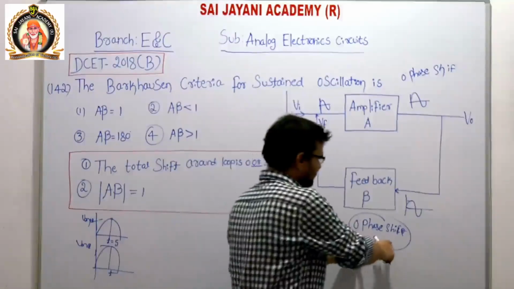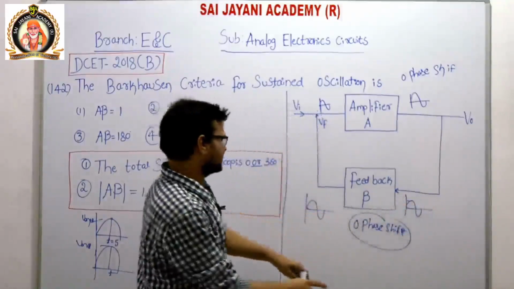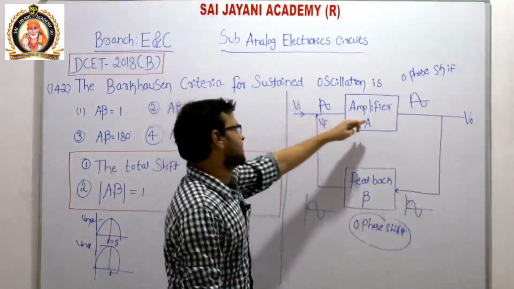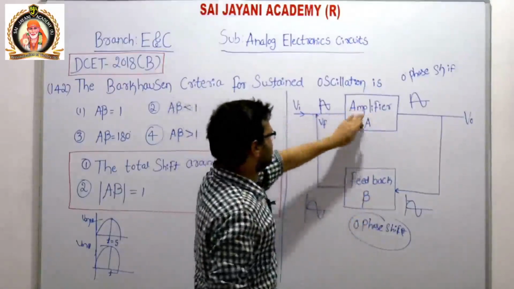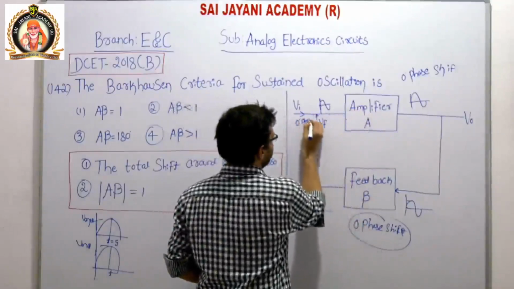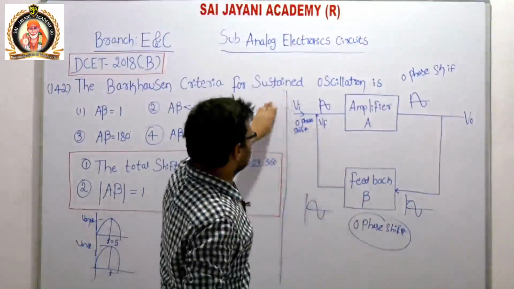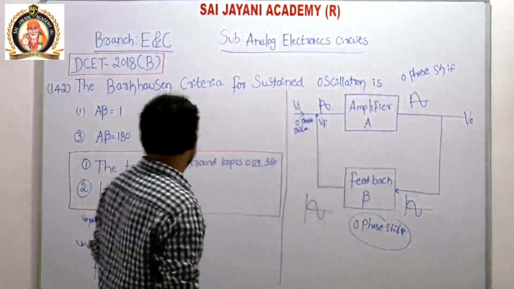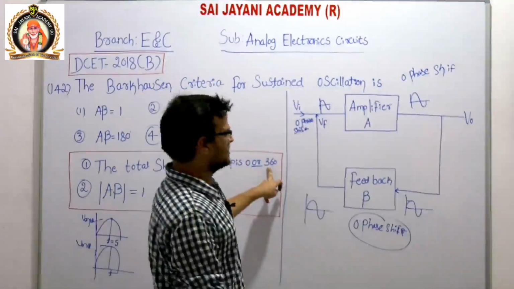Then this feedback signal is fed back to the input side. Here also you get 0 degree phase shift. That means from V in to Vf you get a 0 degree phase shift. This is the first condition, or it may be a 360 degree phase shift.